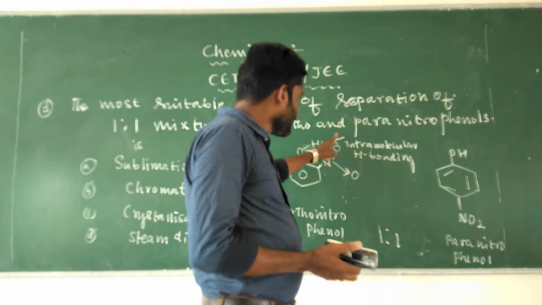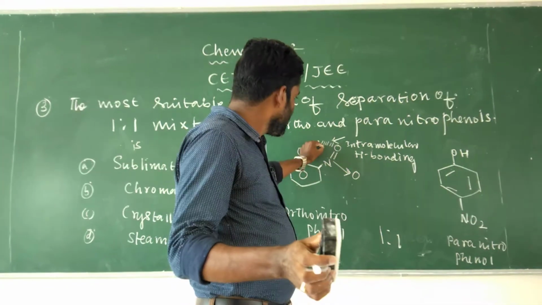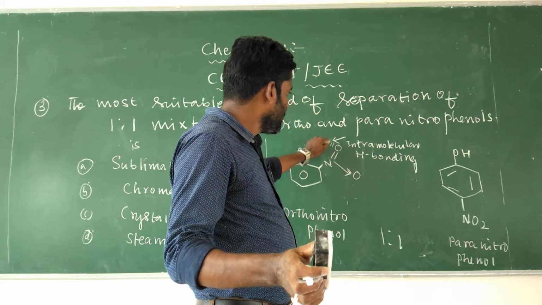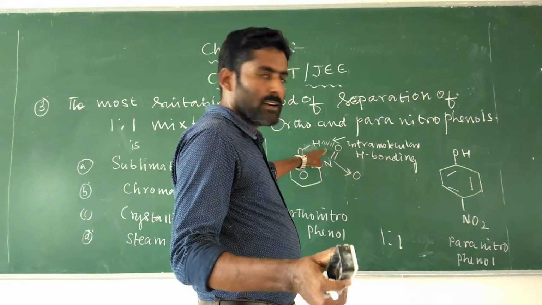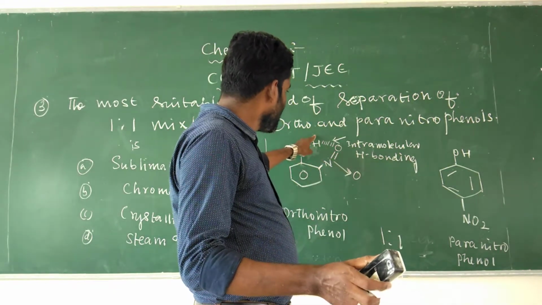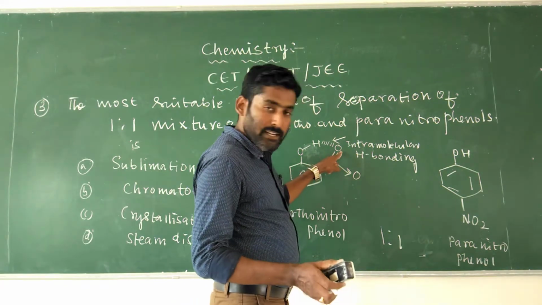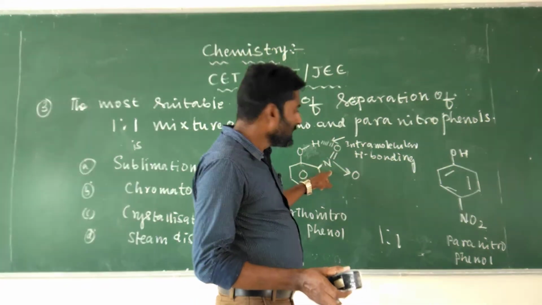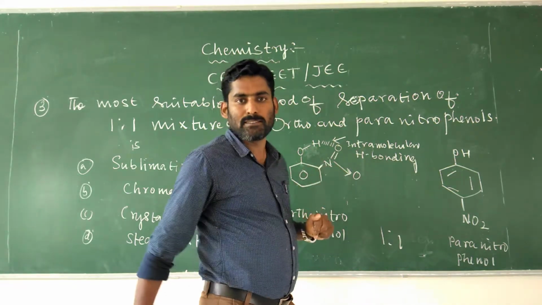So this is the representation of hydrogen bonding: the hydrogen bond that exists between the hydrogen atom of the OH group and the most electronegative atom, oxygen of the nitro group, situated on the same benzene ring.